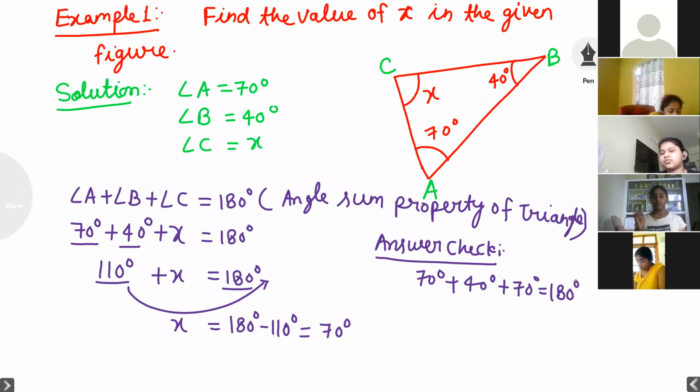Simple method. If in any triangle two angles are given and I want to find the third angle, 180 minus the sum of these two angles.